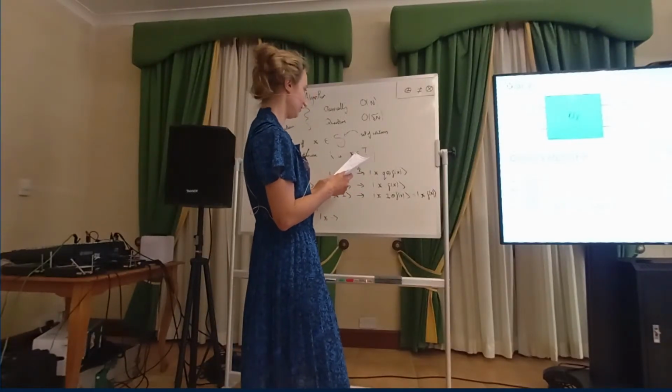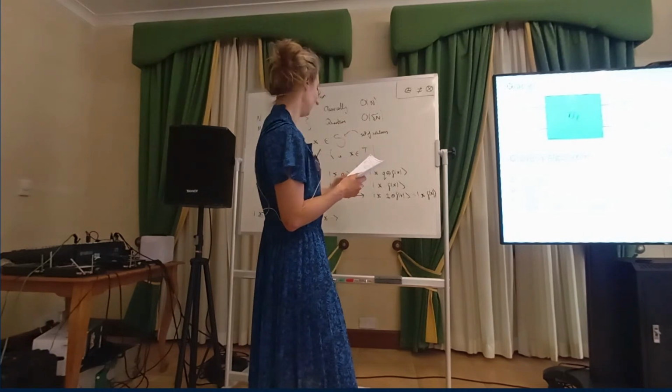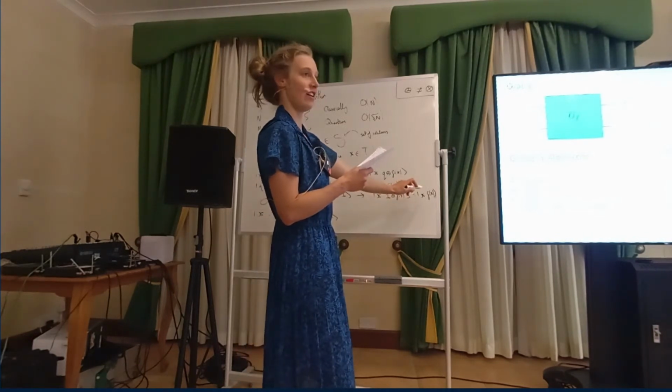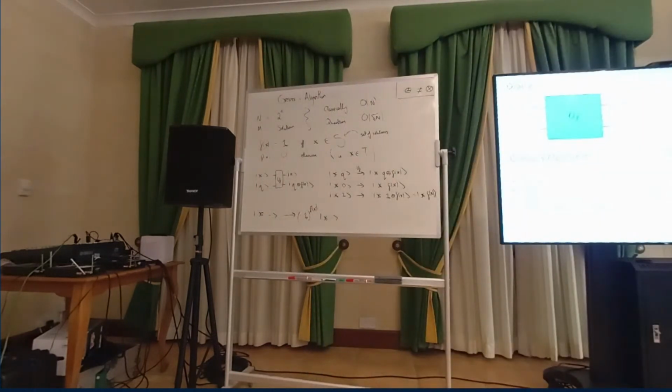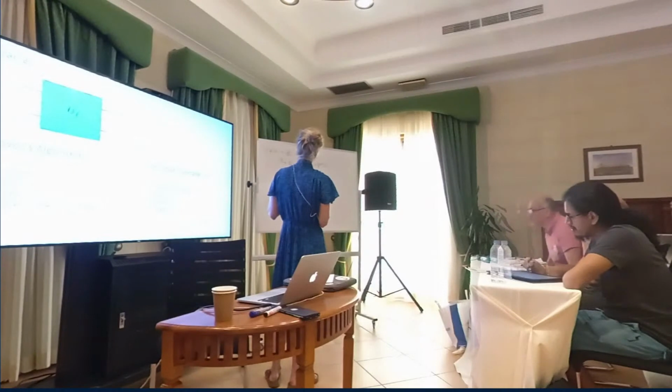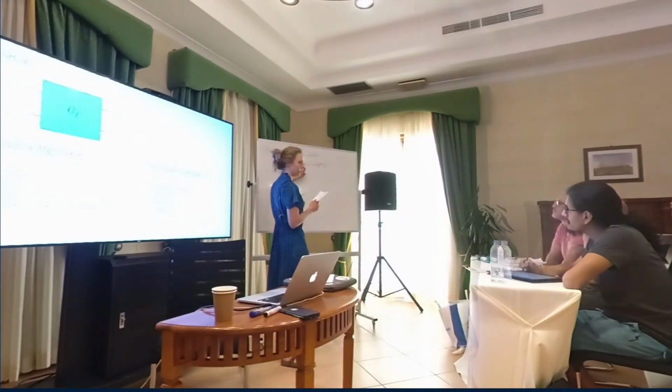So x0 is going to go to x f of x, and x1 is going to go to x f bar of x. Yeah, that's correct. Now we have two options. Let's suppose that f of x is equal to 0. Then f bar of x is going to equal 1.